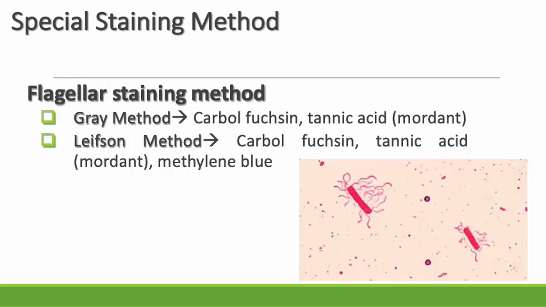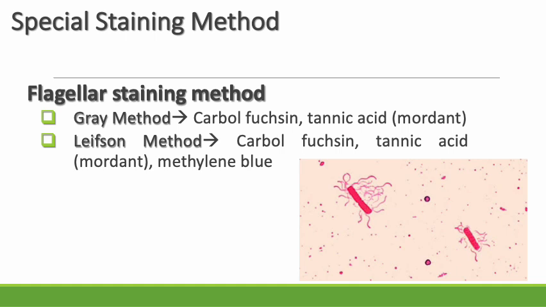Now, in some cases we need to demonstrate the presence of a type of appendage in bacteria called flagella. Flagella is used by certain bacteria to have a certain type of motility.